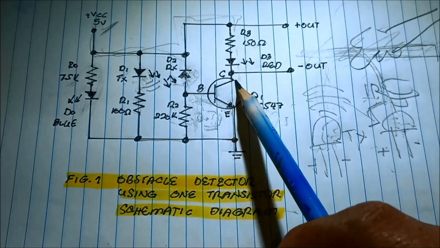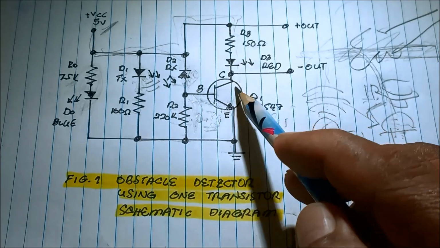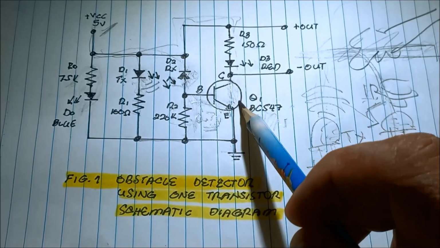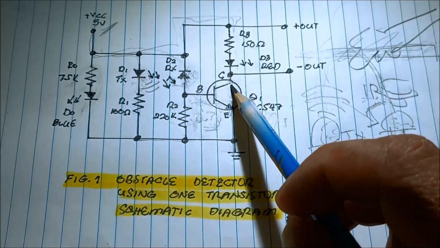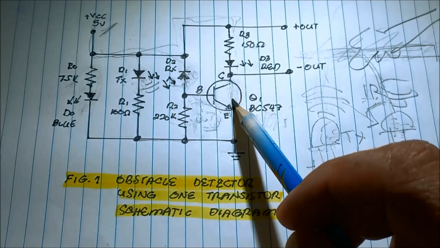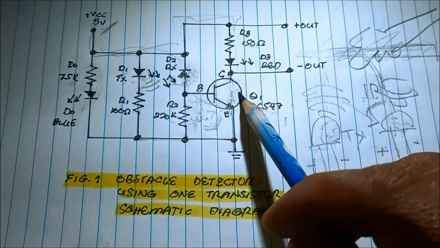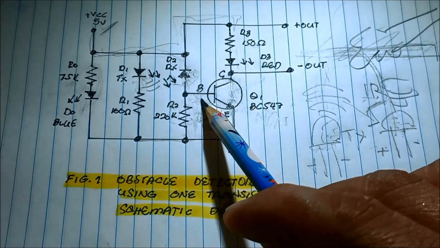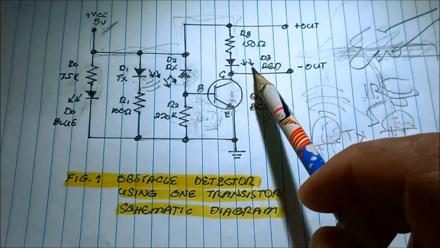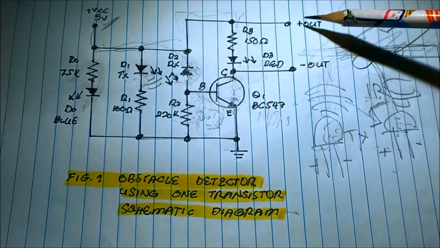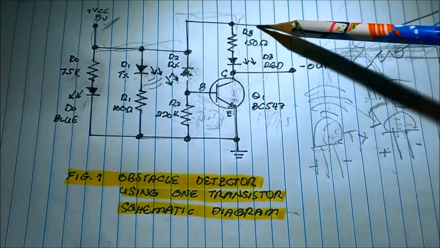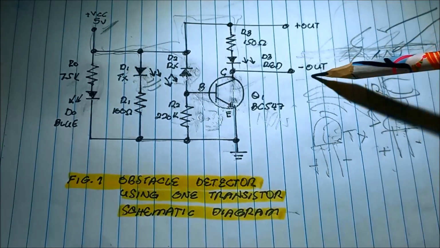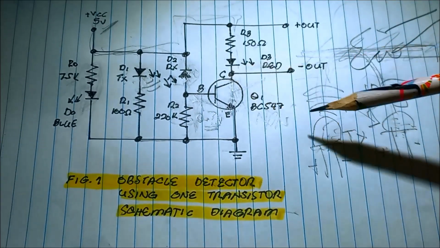It will act as a short switch, collector to emitter then to the ground. So that's why the LED turns on, and the output is connected here, positive to the 5 volts, and the negative side connected to the collector.